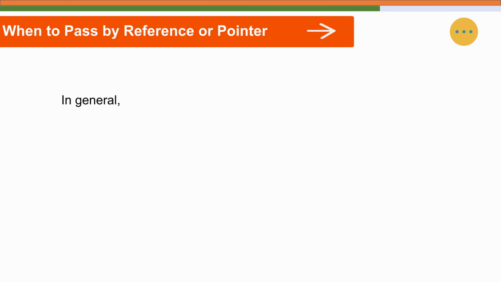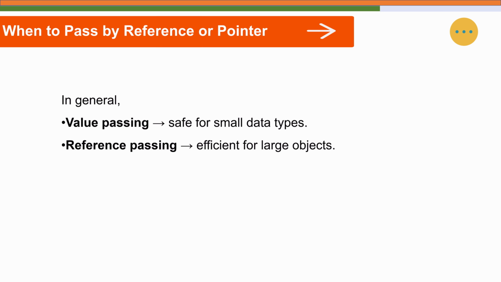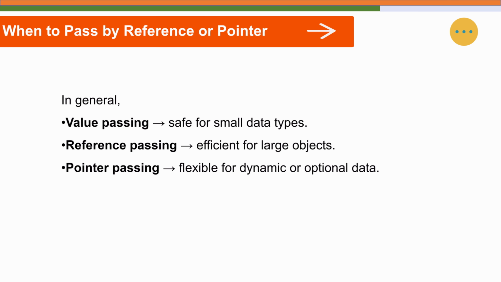In general, we pass by value, by reference or by pointer depending on what we need. Pass by value is used for small simple data types like integer, character, double, so the function gets its own copy of the data. Pass by reference is used when you want to avoid copying large objects or when the function needs to modify the original variable directly.